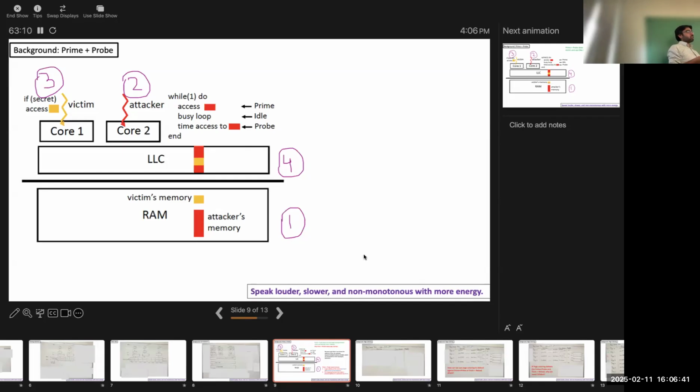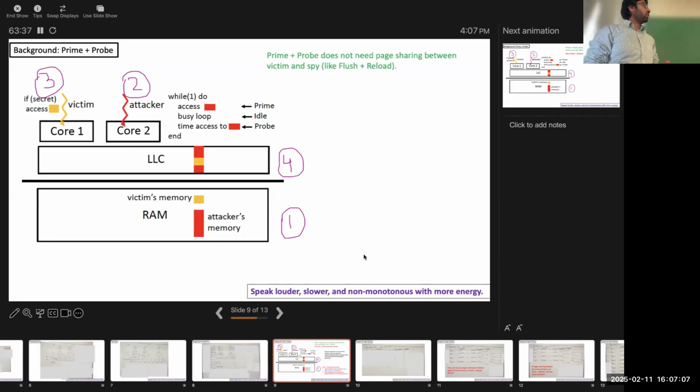For example, least recently used. This is the most popular policy. So if all of this is already filled by the attacker, whichever one was least recently used, that particular cache line will be affected. It can be this one, this one, this one, depending upon the history, which one was least recently used. Okay.